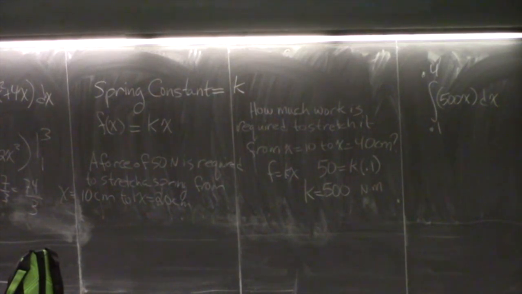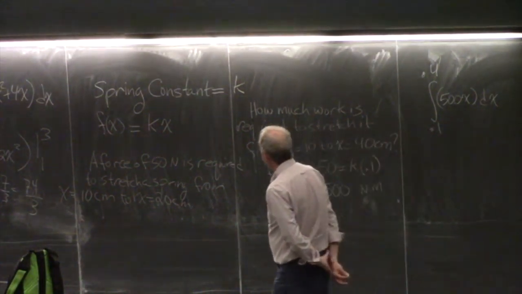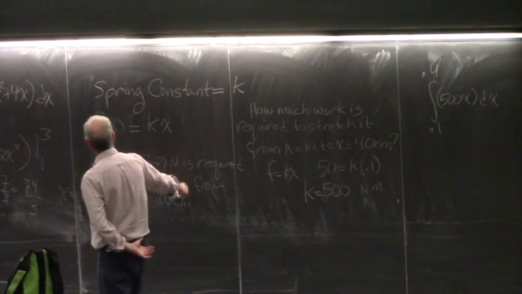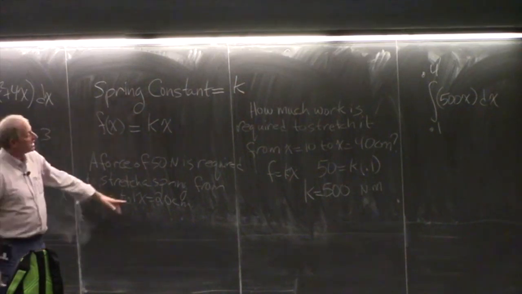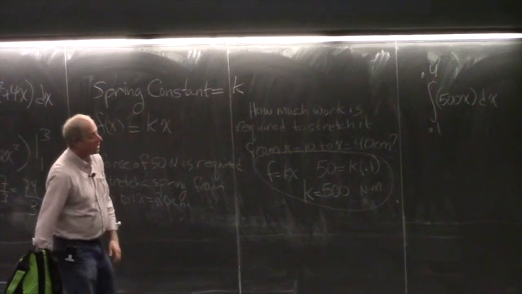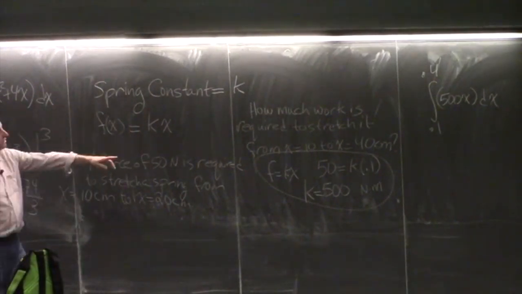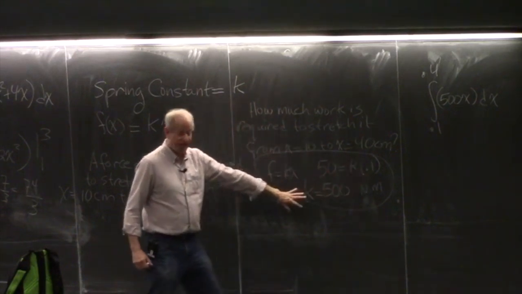Everybody understand that? So you have to do 2 phases in this problem. First, you have to figure out what the spring constant is so you can figure out what the force is. I give you this piece of information: 50 newtons is required to stretch it from 10 centimeters to 20 centimeters. So I use that information to figure out the spring constant. 50 newtons is k times 0.1, and I get 500 newton meters.